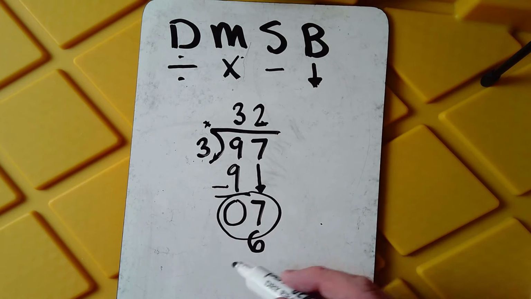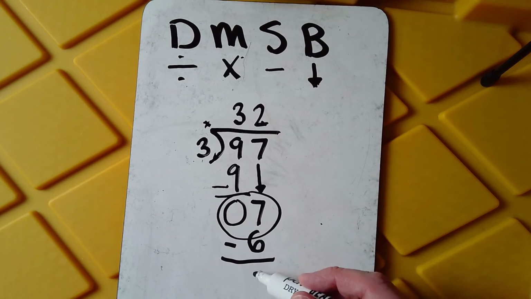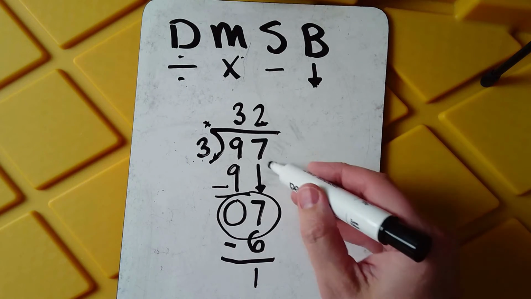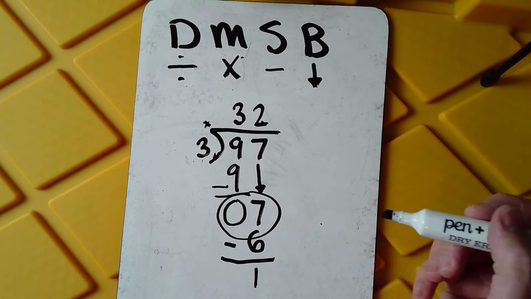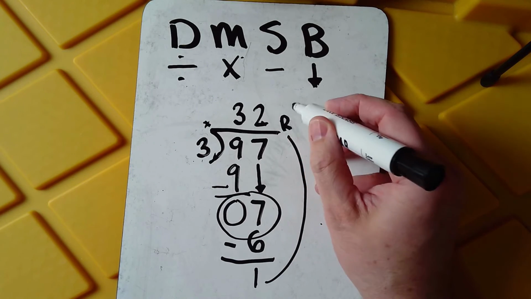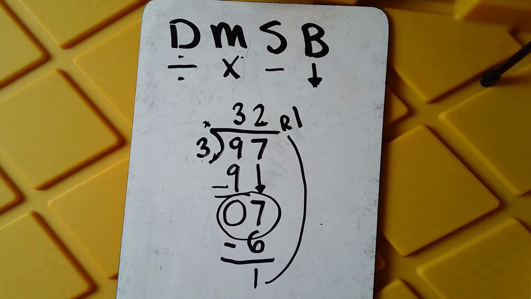Now I subtract. 7 take away 6 is going to be 1. And now it's bring down, but there's nothing else left. So nothing to do but bring this guy up. R1. 32 with a remainder of 1.